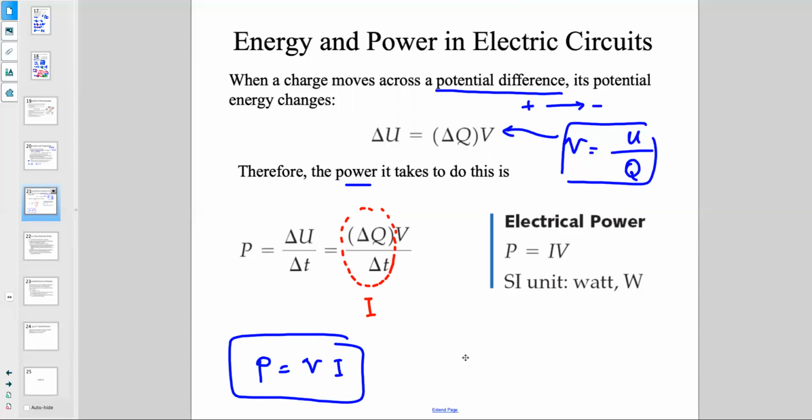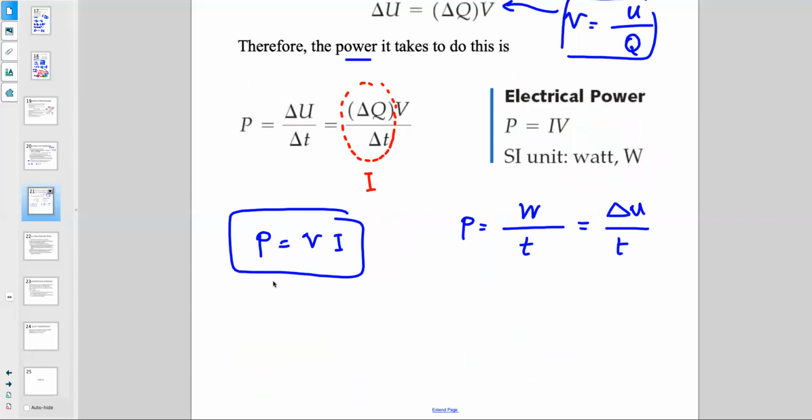Remember, if you recall from chapter 5 of physics 1, the power P is work done divided by the time it took for the force to do the work. And here, work is the change of the potential energy, as this is a non-conservative force, over time, and you have delta QV for delta U, and the rest is the same. So P is VI.